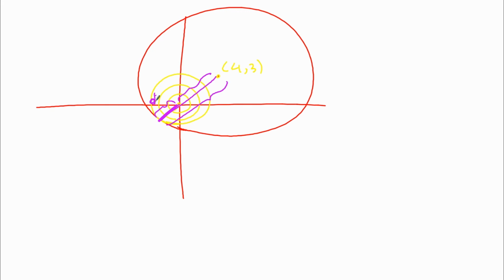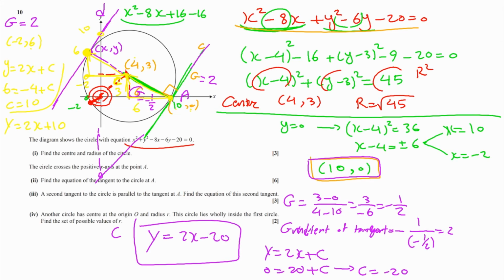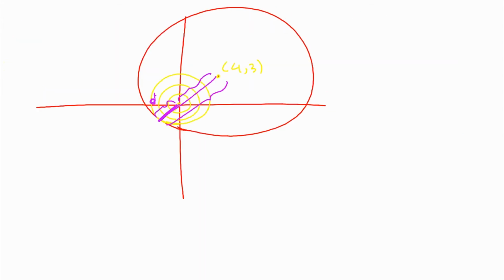The original radius of the circle, as you can see in here, is square root of 45. So if we go back to the other side, this is square root of 45. This distance in here is Pythagoras between 0 and 0 and 4 and 3, which would be 4 squared, 3 squared, which is 16 plus 9, which is 25, square root of 25.